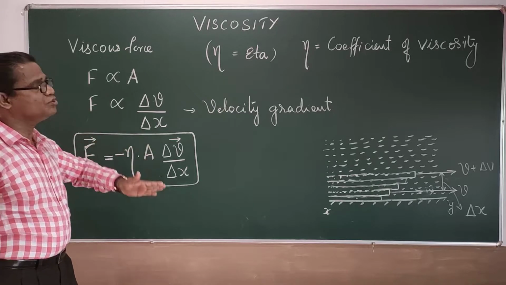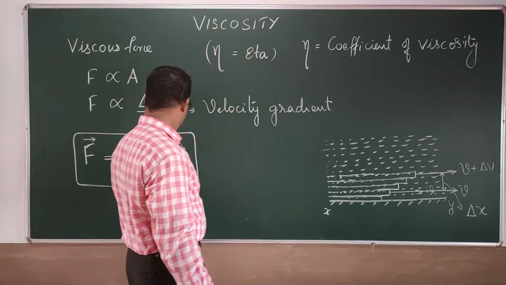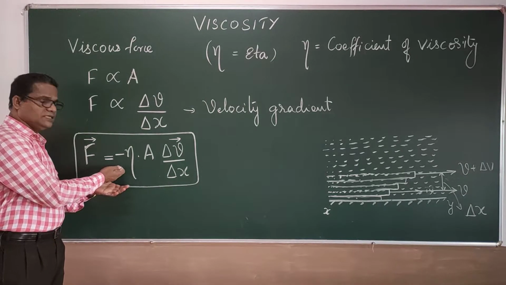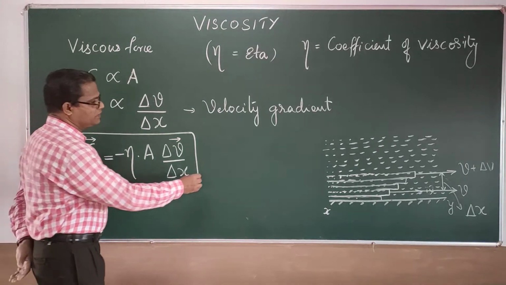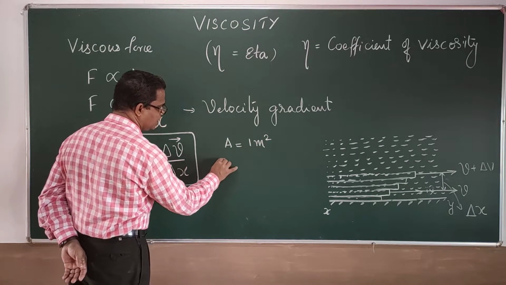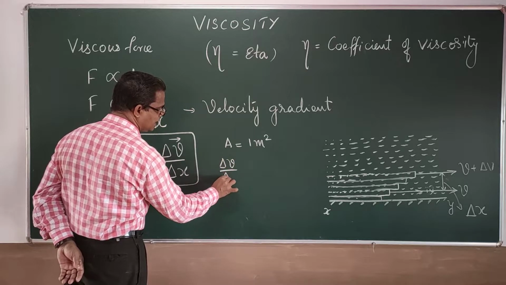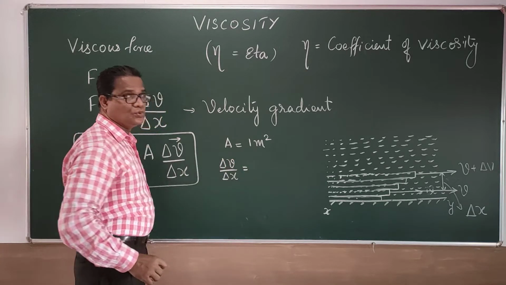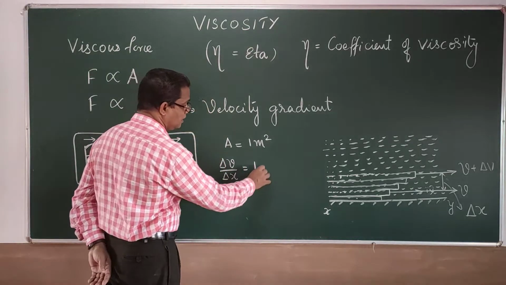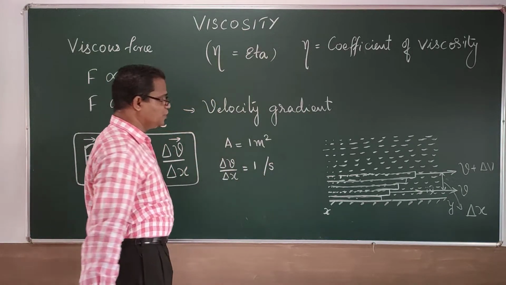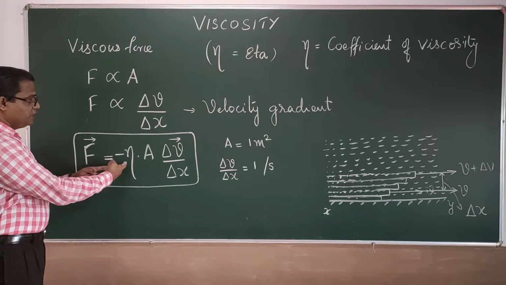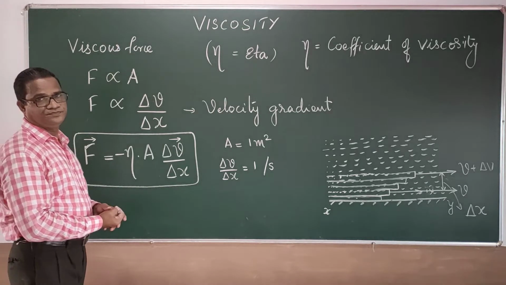Now, what is coefficient of viscosity? If you want to give a definition for coefficient of viscosity, we can take it like this: suppose I put A equal to 1 meter square and delta V by delta X equal to 1 per second as the unit. Then F will be equal to eta.